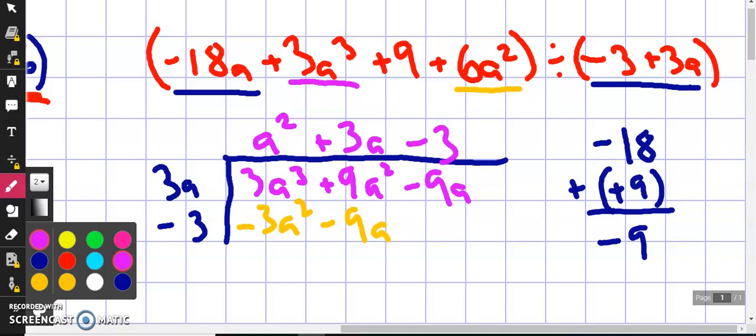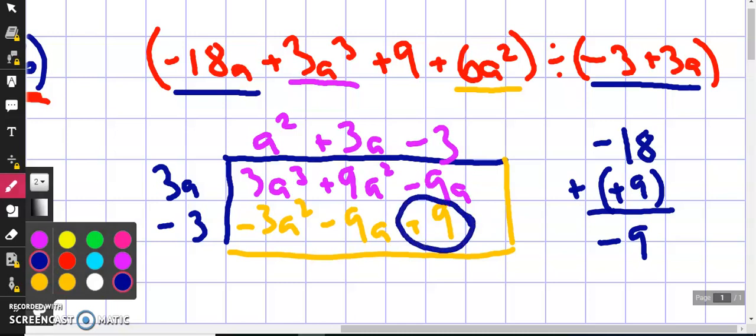And so for my last bit, negative 3 times negative 3 is positive 9. I'm out of variables, so my box is closed. And then finally, the plus 9 here matches the plus 9 here, so I actually don't need a remainder for this.